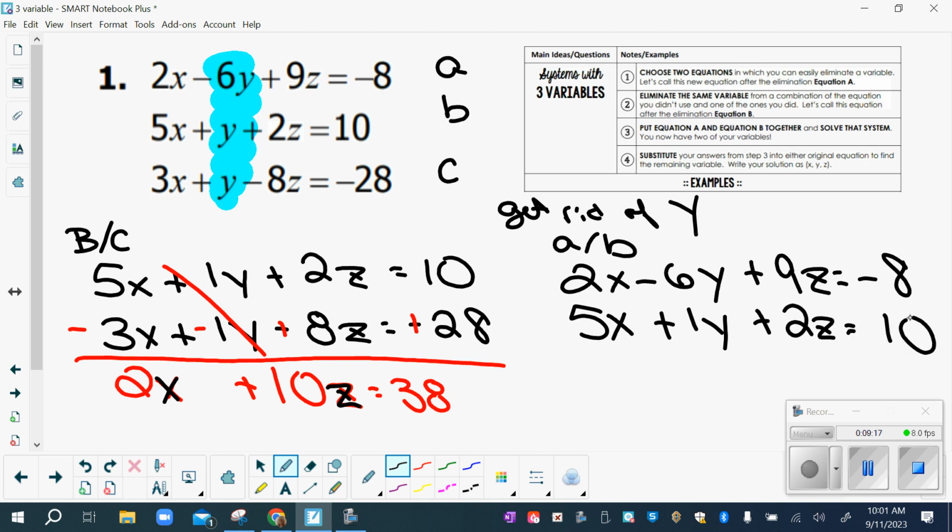Now I'm going to take a breath, and you are going to think to yourself, how can I get rid of the y's? What do I have to do to one of these equations so the y's will disappear? And if you're saying in your head, multiply by 6, you are awesome. Can you do that? And then I want you to stop.